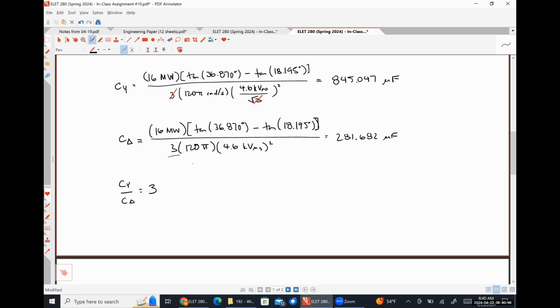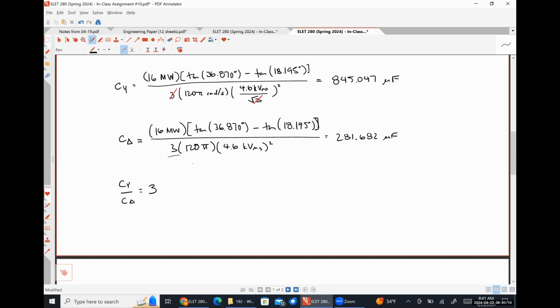So the impedance of a capacitor is 1 over j omega c. That's why it appears to go backwards here. So going from the delta connected to the Y connected is multiplying by 3 when we're dealing with just the capacitor value itself, but our impedance is actually being lowered by a factor. All right.